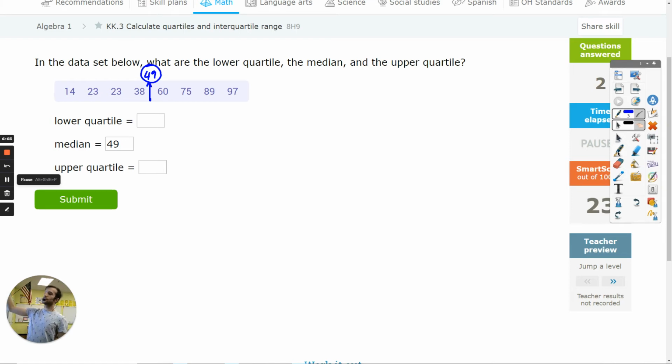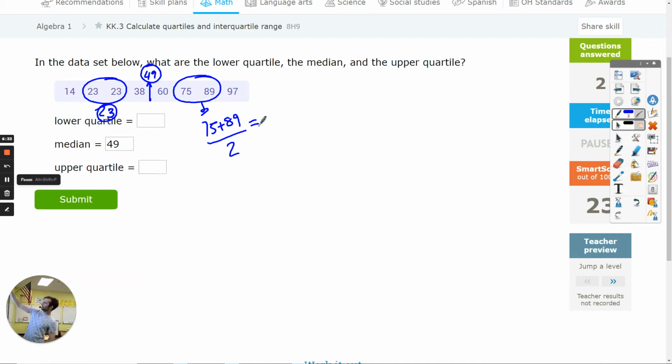It's not just one number, it is both of the middle ones. For 23 and 23, if you add them together and divide by 2, it is going to be 23 anyway. So that's the lower quartile. The upper quartile is going to be 75 plus 89 divided by 2.